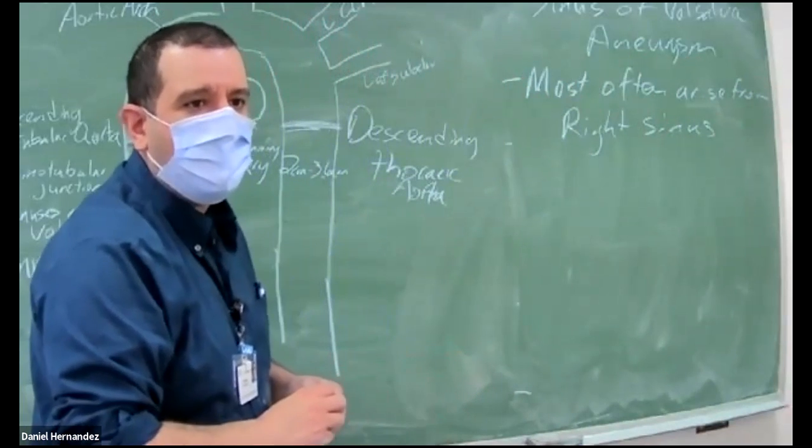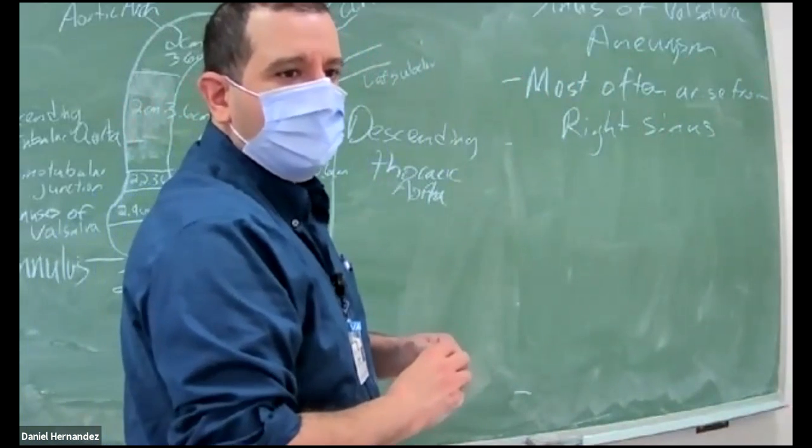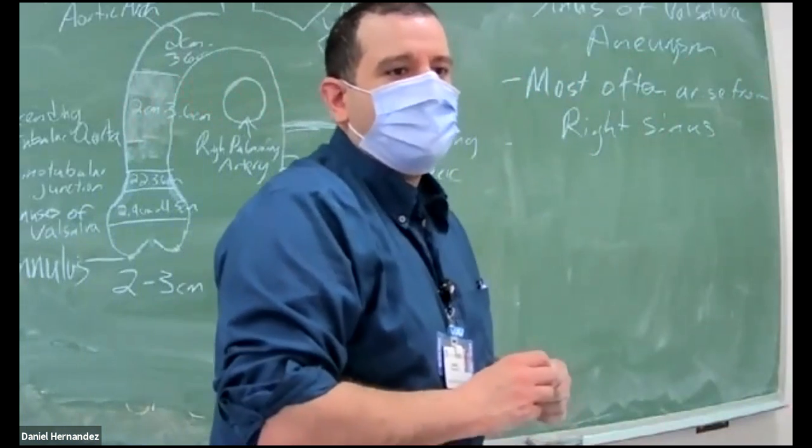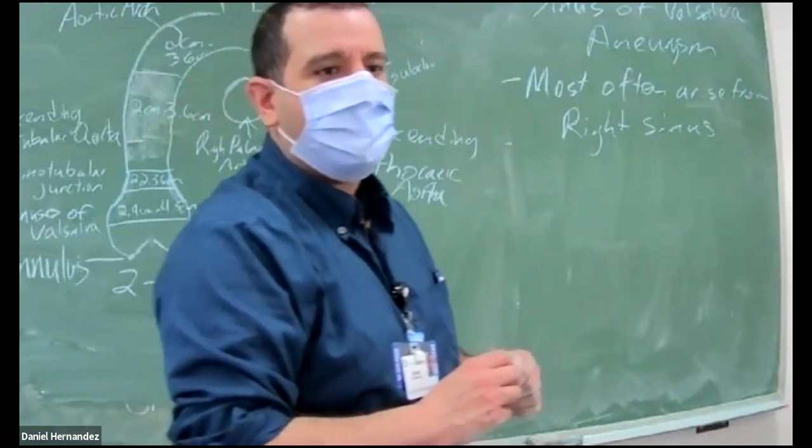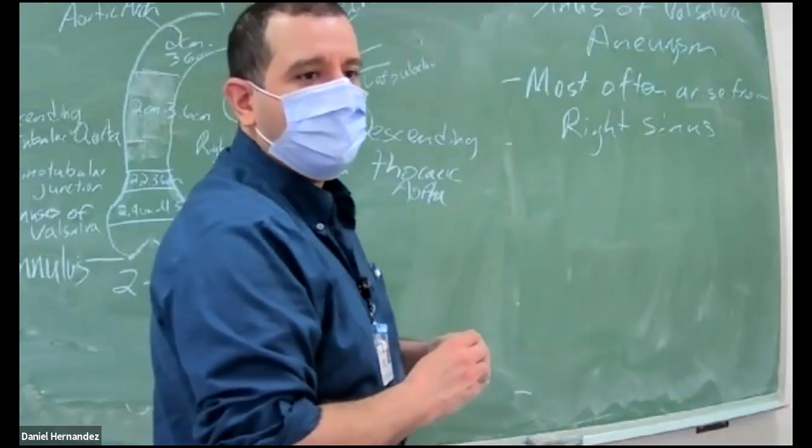They can vary in size. Right sinus aneurysms can protrude into the right atrium.